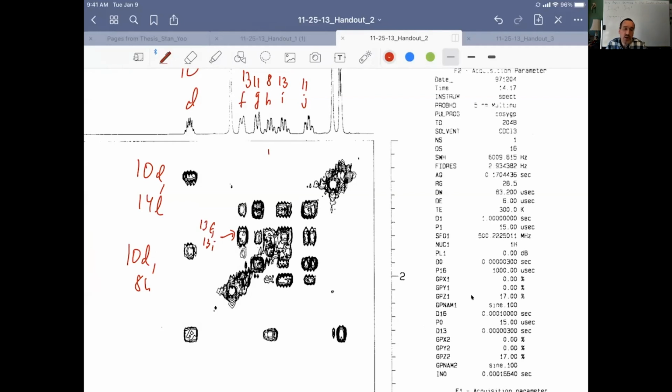There's a technique called COSY 45 that actually gives a different slant to the two peaks, and that can be kind of helpful because the geminal couplings typically slant one way.